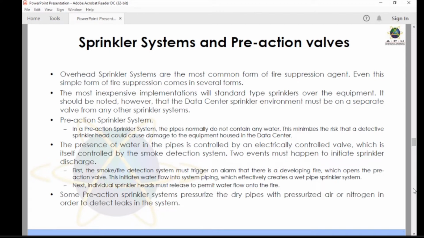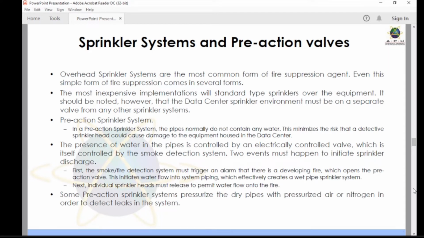Two events must happen to initiate a sprinkler discharge. One, the smoke or fire detection system must trigger an alarm that there is a developing fire, which opens the pre-action valve. This initiates water flow into the system pipe, which effectively creates a wet pipe sprinkler system. So only after smoke is detected does it open the pre-action valve, and then there is a flow of water.